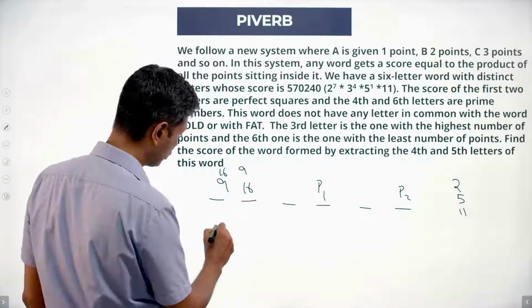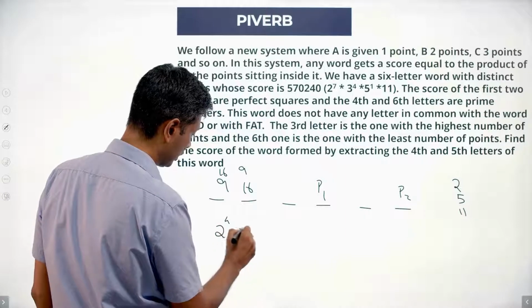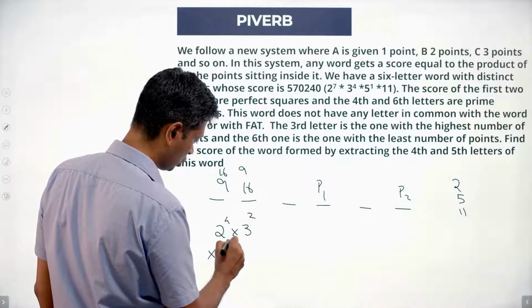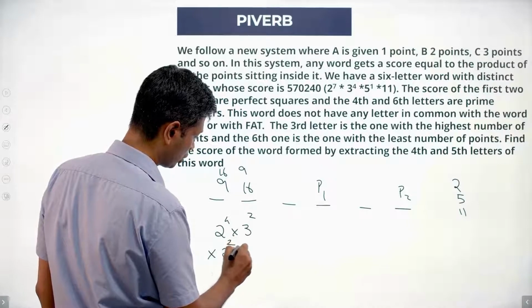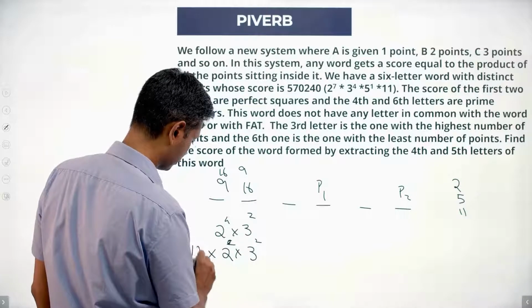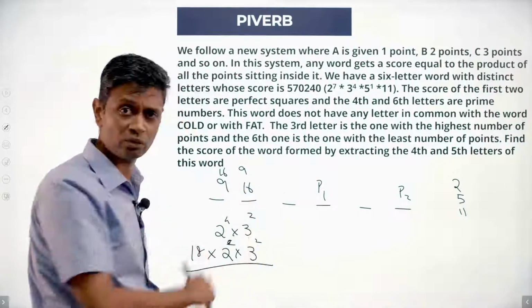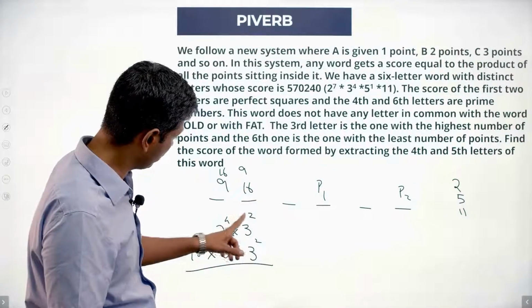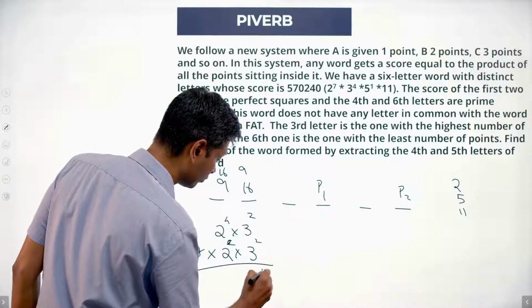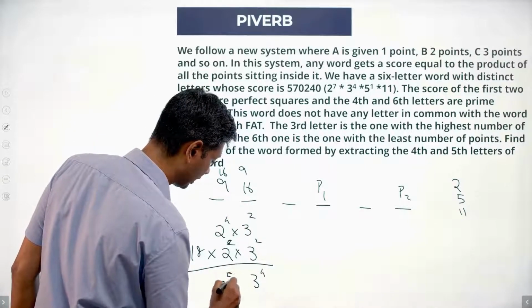So we've accounted for 2 power 4 into 3 square, and 2 into 3 square, which is 18. These many have been accounted for. So 3 power 4 has been taken care of, 2 power 5 has been taken care of.